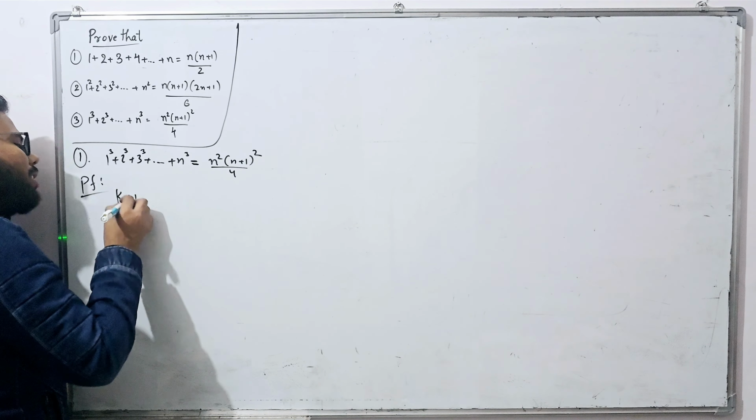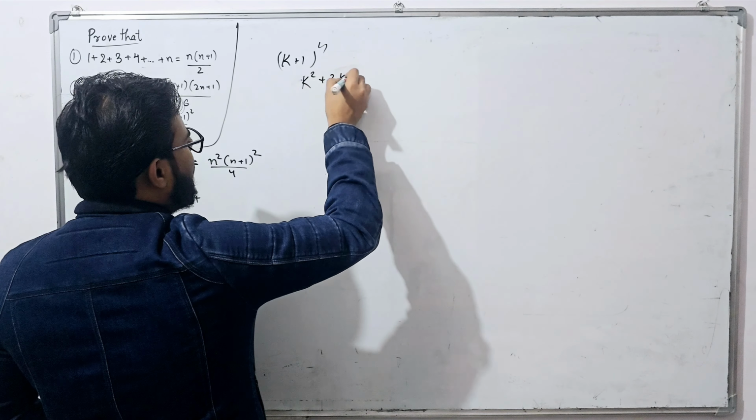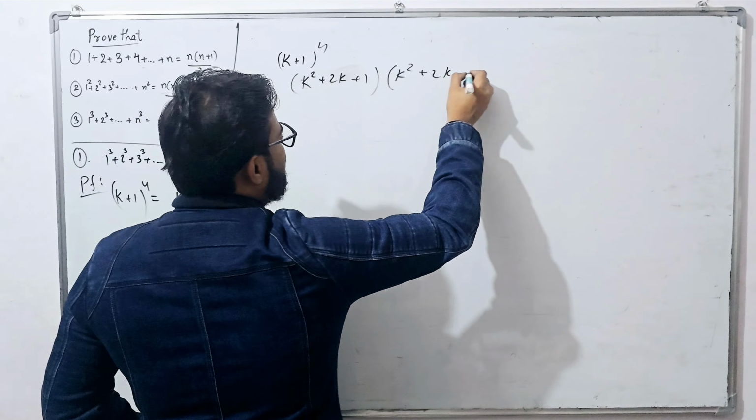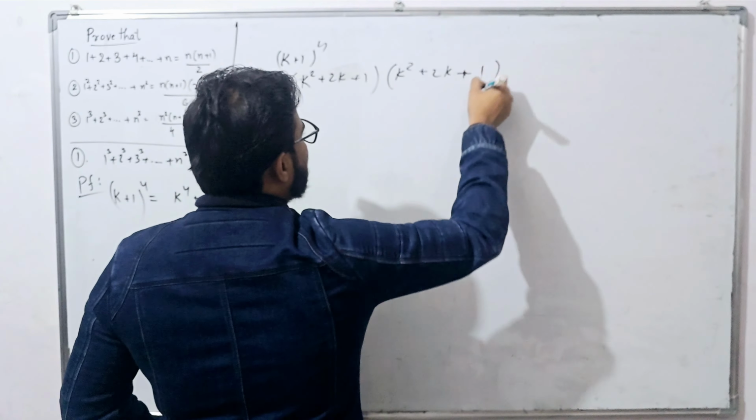k plus 1 raised to the power 4 is equal to, maybe you can do it like this, k square plus 2k plus 1 whole square, into k square plus 2k plus 1, right? Of course if you don't know the binomial theorem, you can use just the multiplication.